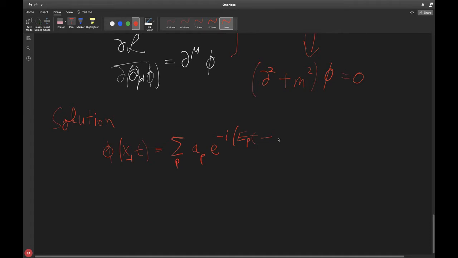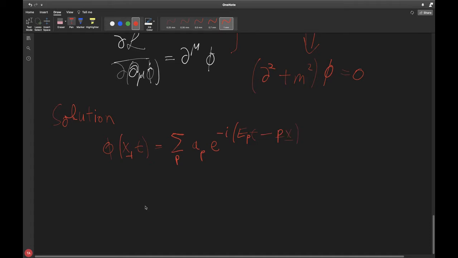And if we insert this back, then what we find for the equations of motion is that the energy corresponding to that momentum p squared is the same as p squared c squared plus m squared c to the power of 4, which was the formula from Einstein.